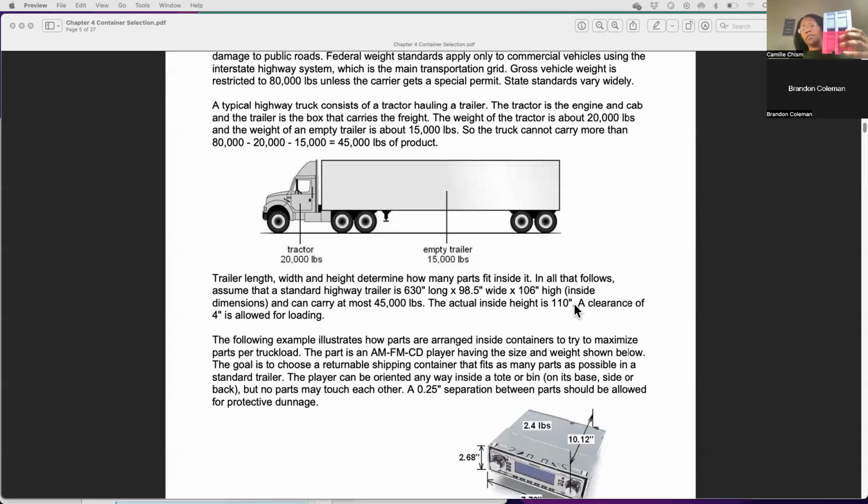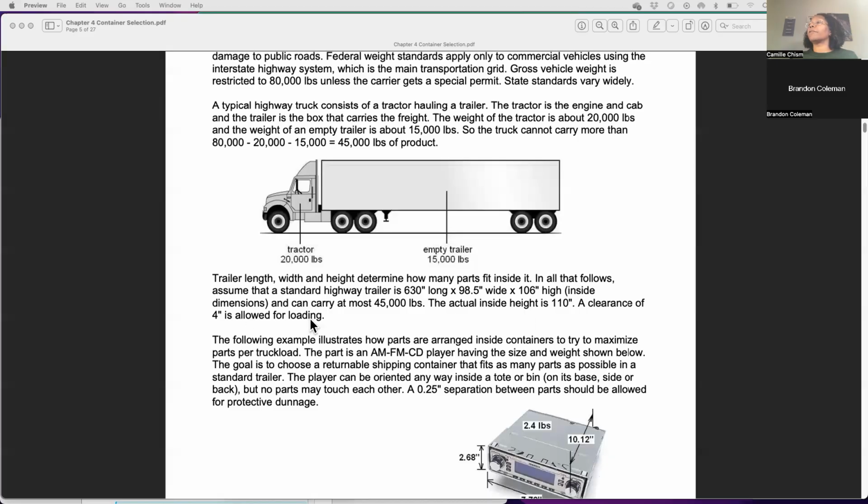And it gives the fork truck driver a few inches of clearance. So if the fork truck driver is kind of unsteady, or can't necessarily see in the trailer because it's dark, or for whatever reason they can't see in front of them, they have a few inches of grace so that they're not damaging parts or damaging the trailer.